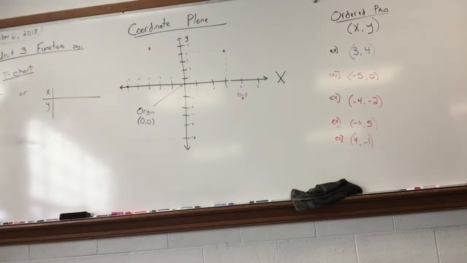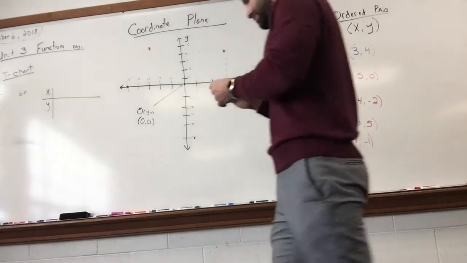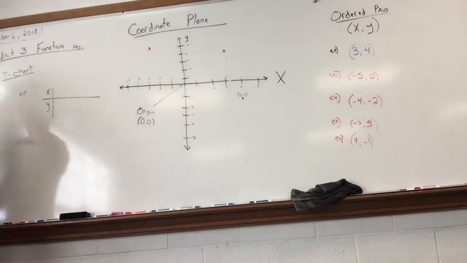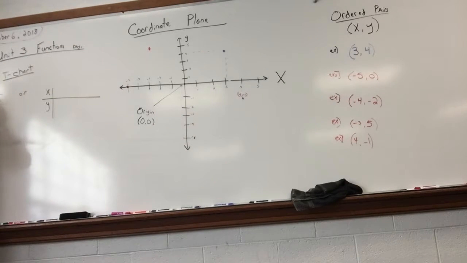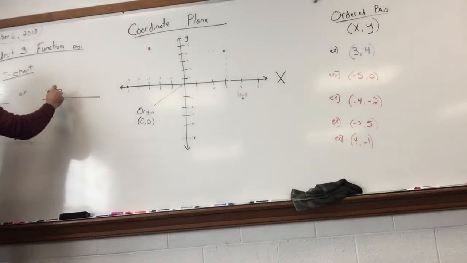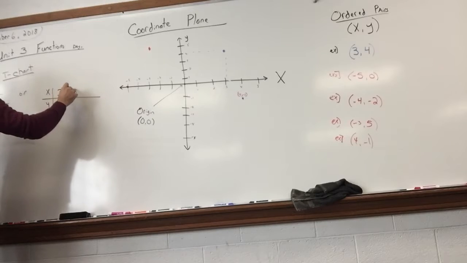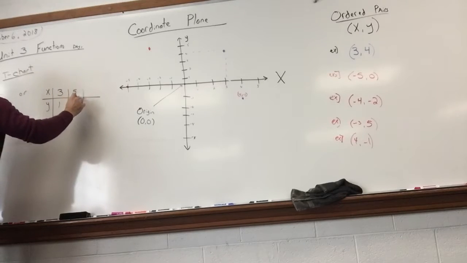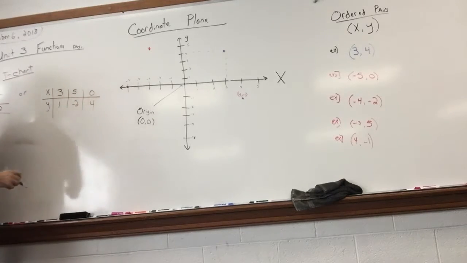Okay, so X always comes first on the left or on the top. I know most of us are like, Sir H, I know how to do this. Okay, great. So I could say 3, 1, 5, -2, 0, 4. Let's put the same numbers over here. 3, 1, 5, -2, 0, 4.